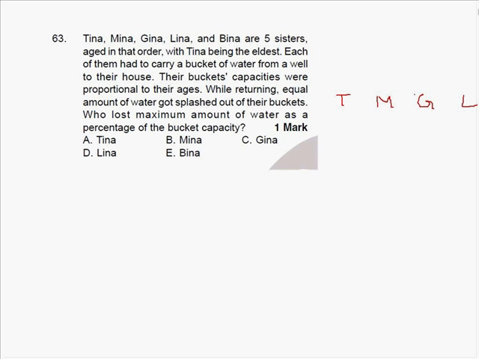Each of them had to carry a bucket of water from a well to their house. The bucket's capacity were proportional to the ages. While returning, an equal amount of water got spilled out of these buckets. So X, whatever the amount, got spilled. Who lost the maximum amount? Which is the answer, guys?